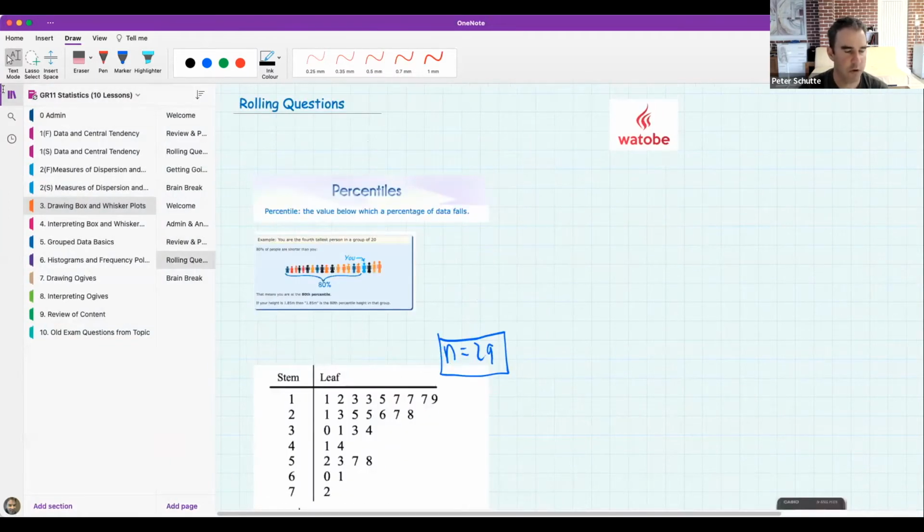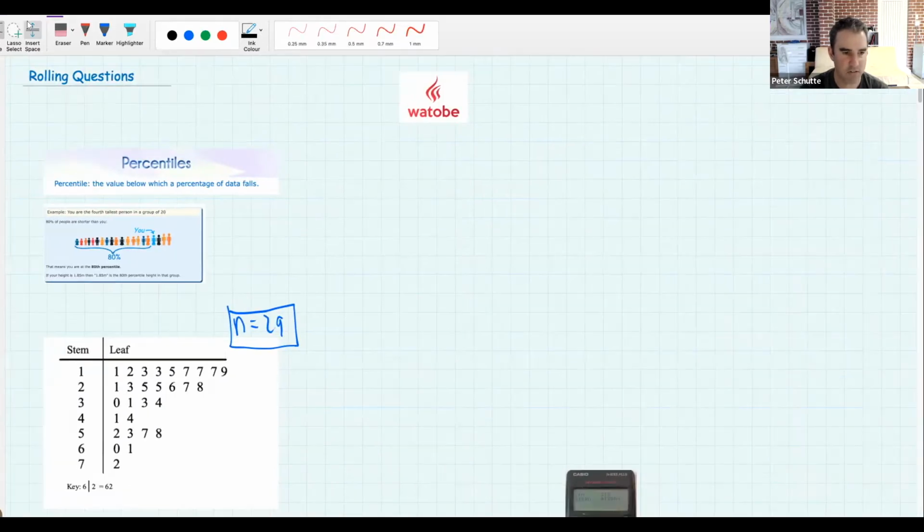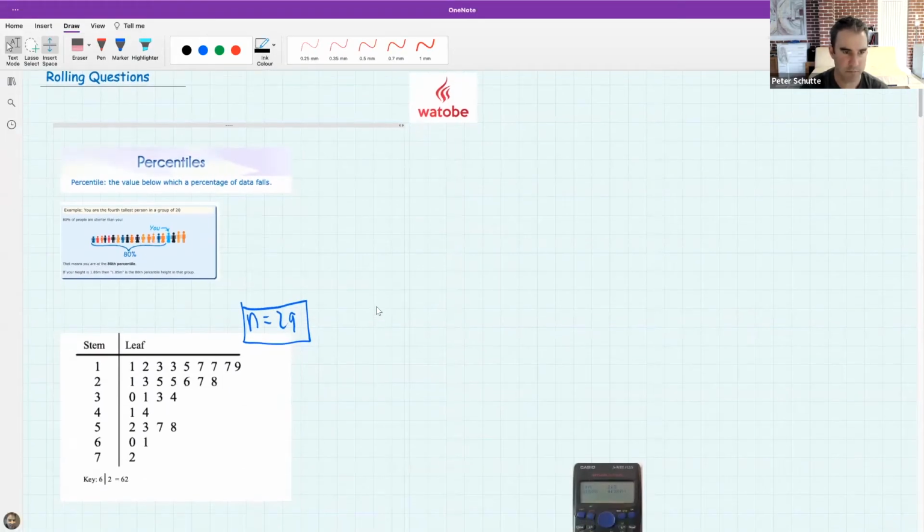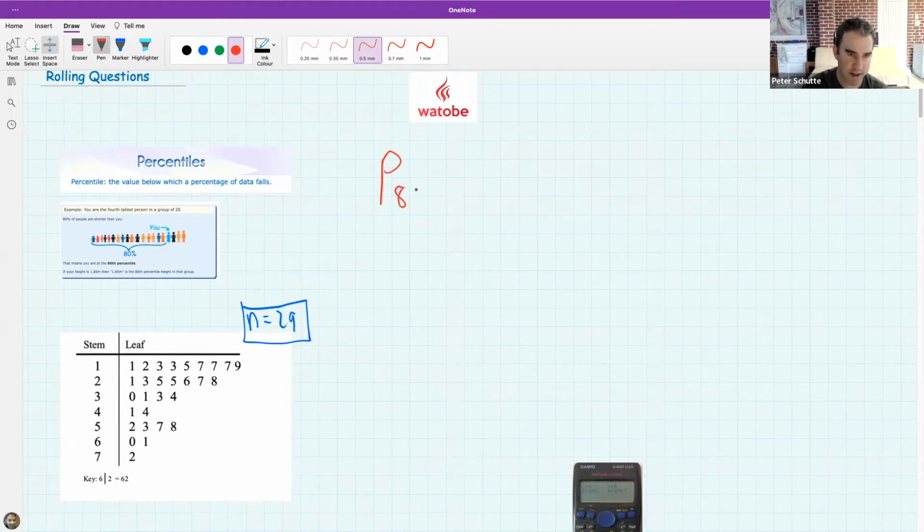Okay, so let's start with percentiles. At the very end of the last lesson, we started talking about percentiles. If I wanted, for example, the 80th percentile, we would call that P80. In order to find the 80th percentile, we use a very similar idea to what we did with quartiles.